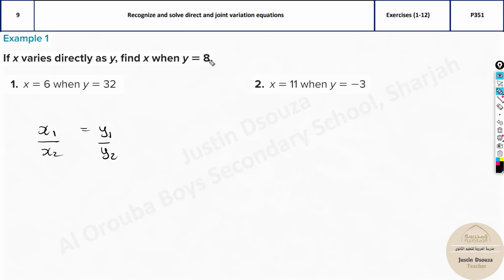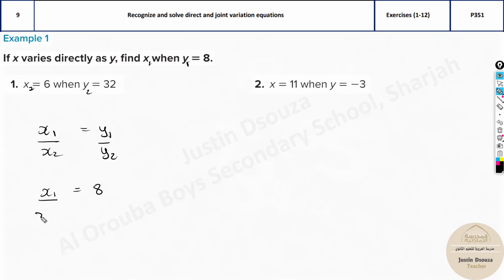Now they have told us y is 8, and you need to find x. So x1 is unknown, let me write it as x, but y1 is given. Whatever is given, take it as 1: 8 divided by y2. In the question, the given values are sets, x and y: x will be 6 when y is 32.